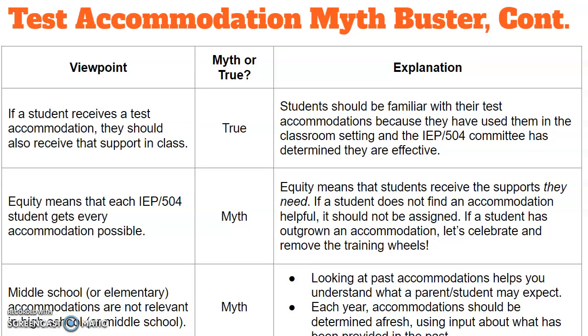It's important to note that what a student used in the past may not be relevant for either their ability level and skill level for this current school year, or it may not be relevant for the classes they are taking. So I'll talk about some examples of those later.